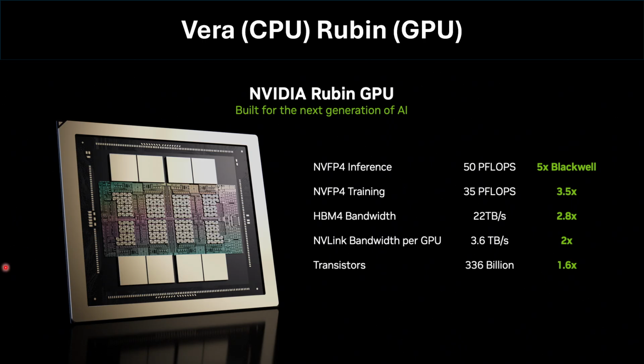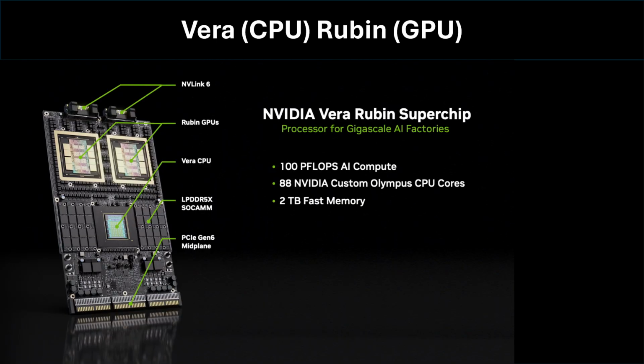Okay, then we can continue and see what the combination of these things looks like on a board. This is probably one node which is doing calculation, and we can see a combo of one Vera CPU and two Rubin GPUs. I'm not quite sure whether this NVLink is a port for these GPUs or a switch.